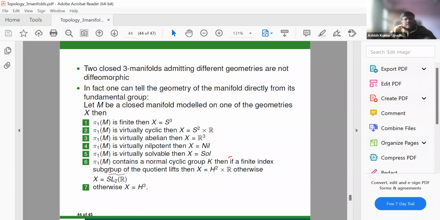So except in case 6, we will have two descriptions. Otherwise, everywhere we have individual descriptions in terms of the fundamental group. If the fundamental group is none of these, then we get hyperbolic space.